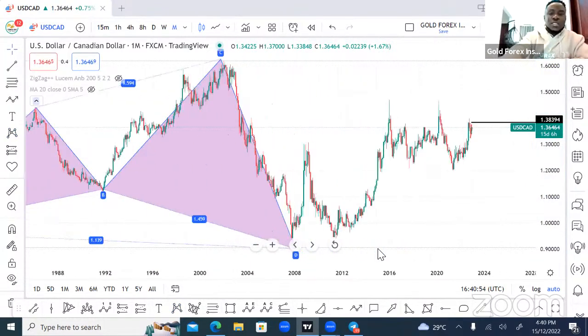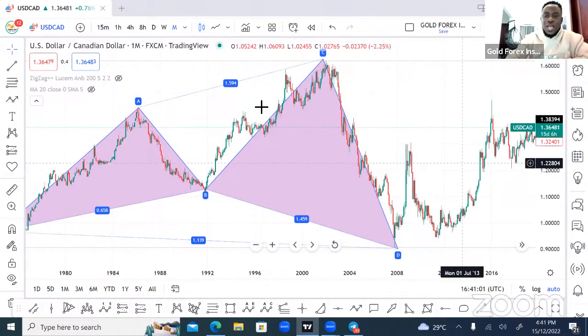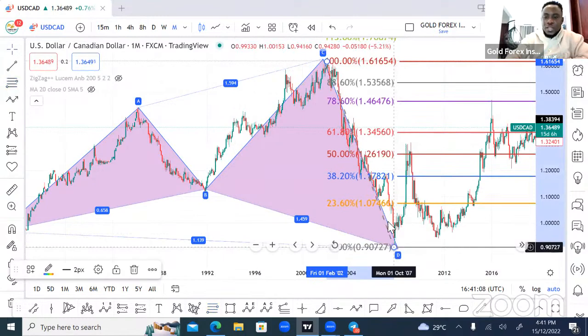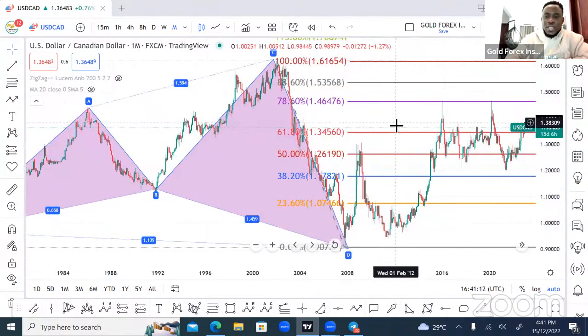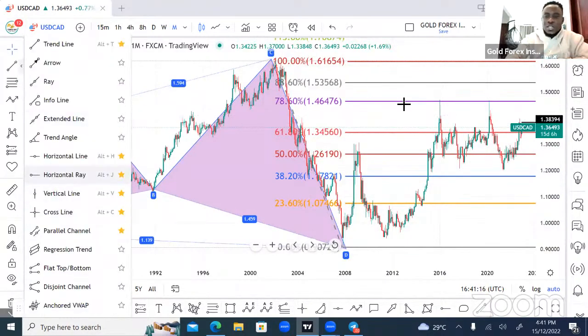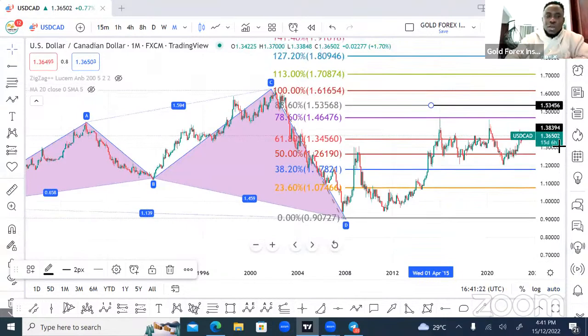Now, the C to D of the sharp pattern also gave us another pattern, which we are going to look at over here. Now, the break of market structure touched 50. So we are going to 88.6, which is this level, right? So it's between 88.6 to 113, which is this level.